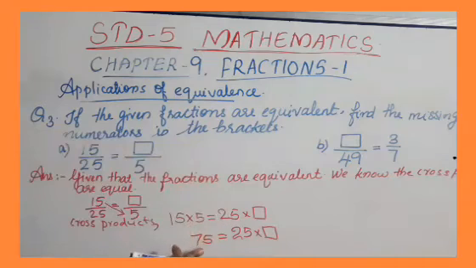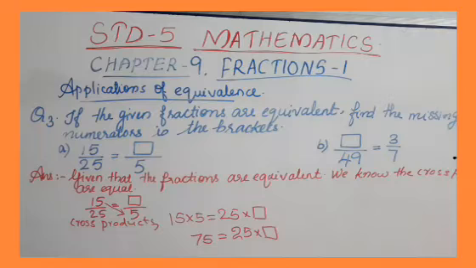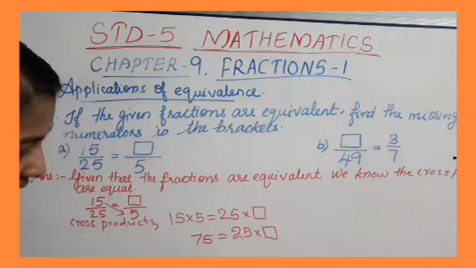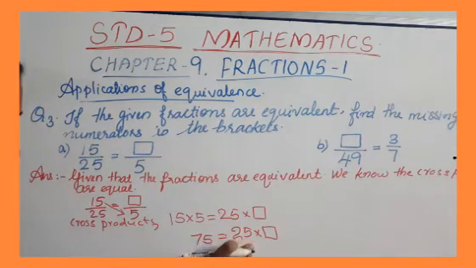So if it is 75 on the left side, it will be 75 on the right side also, and you can think which number we can multiply with 25 to get 75. Or in other words, since 25 is multiplying, you can take this 25 and divide 75 by it, then also you will get the same answer.